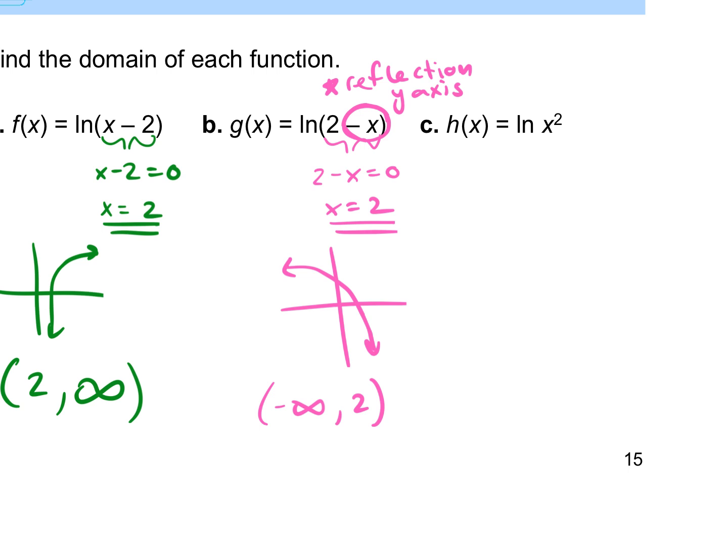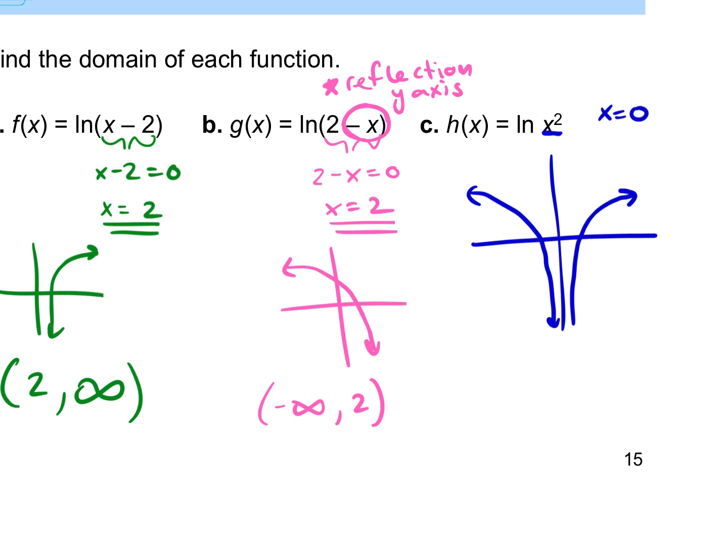C is super funky. We have the ln of x squared. Our graph actually looks like this, where if we set x squared equal to 0, we would get x is equal to 0. So our vertical asymptote would be at x is equal to 0. What do you think our domain of this graph would be?